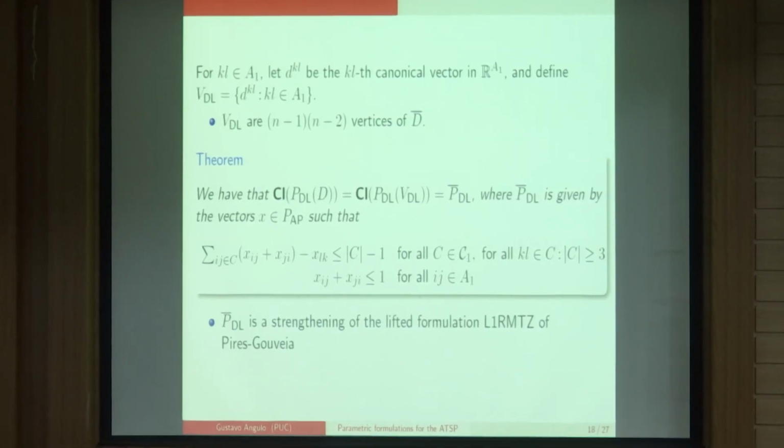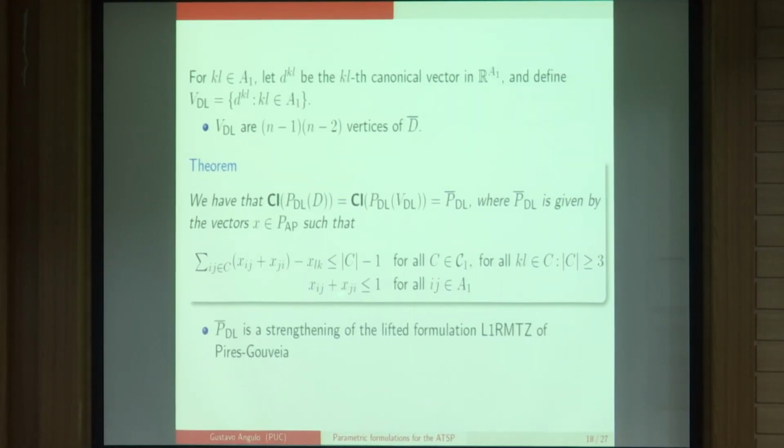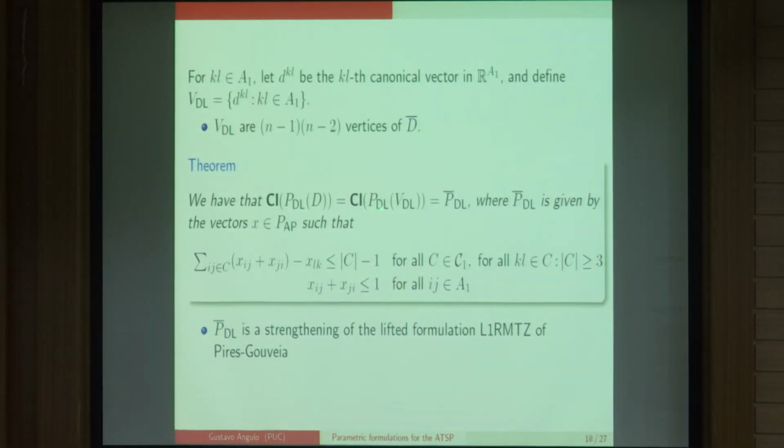Okay, so there are some subtleties, and again, if we consider the closure of the DL formulation, we get a slightly strengthened version of the lifting by Pires and Guedia, which is very, very mild.